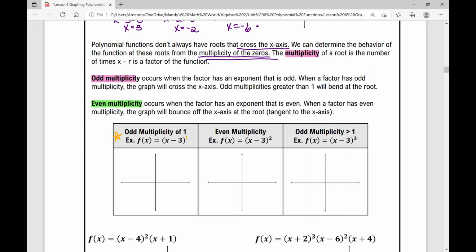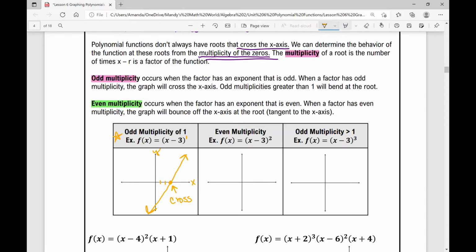Well, I know that x-intercept is going to be at positive 3. And this is a line, right? I can see that. X minus 3, it's linear, so it's just going to cross this x-axis right here. So it'll just cross that x-axis. That's how it's behaving at the root.